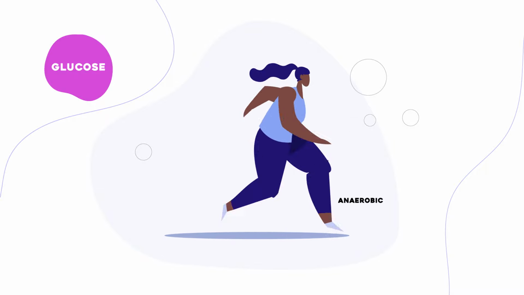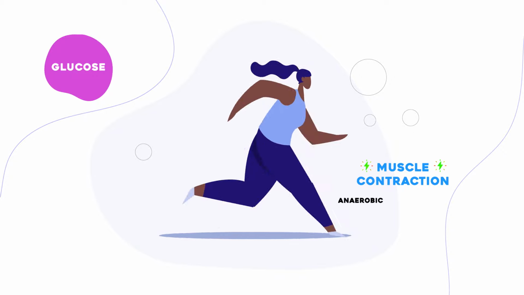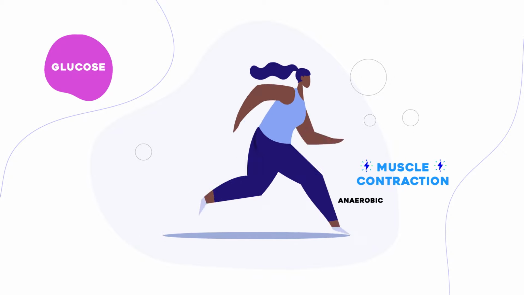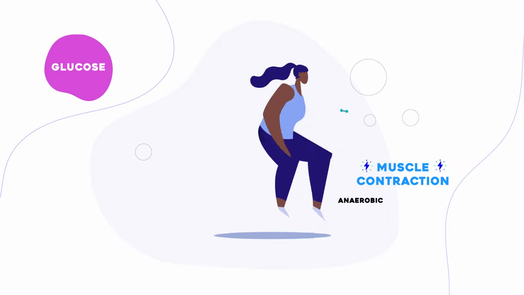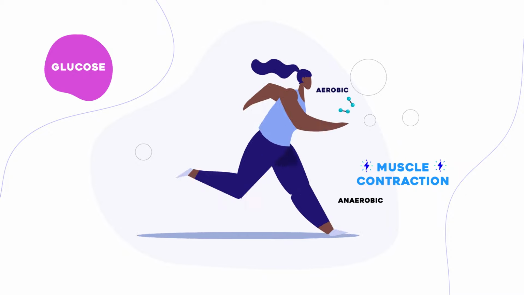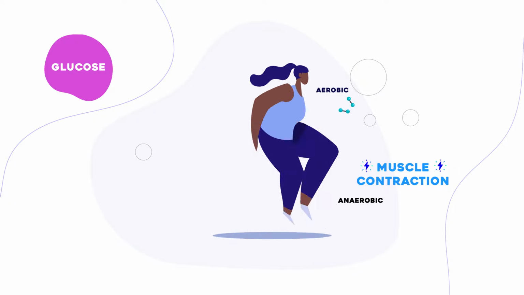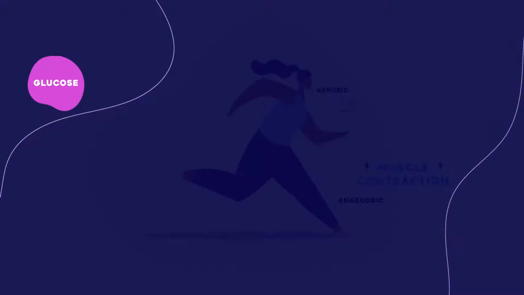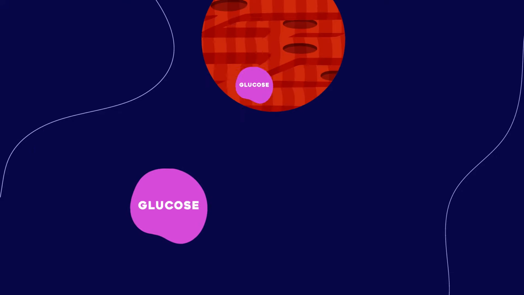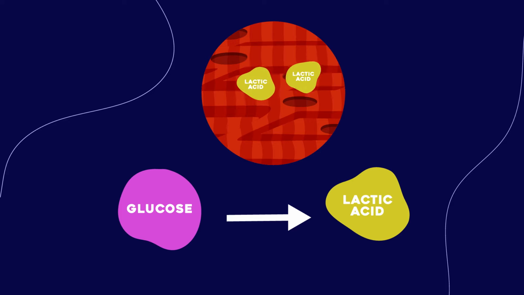This happens often during muscle contractions in humans and animals, which requires a lot of energy. If the body does not have enough oxygen present to do this purely through aerobic respiration, for example, when someone is sprinting, anaerobic respiration takes place. During anaerobic respiration, the glucose in our muscles is converted to lactic acid.